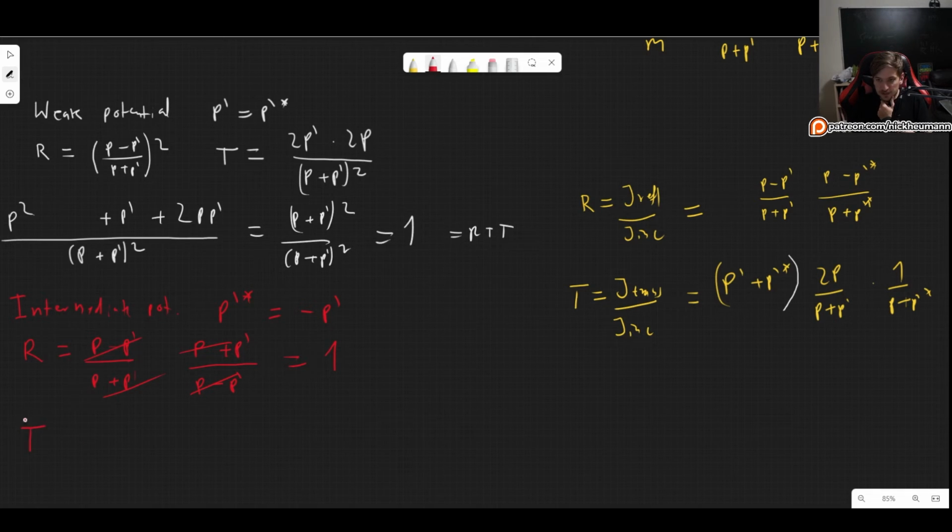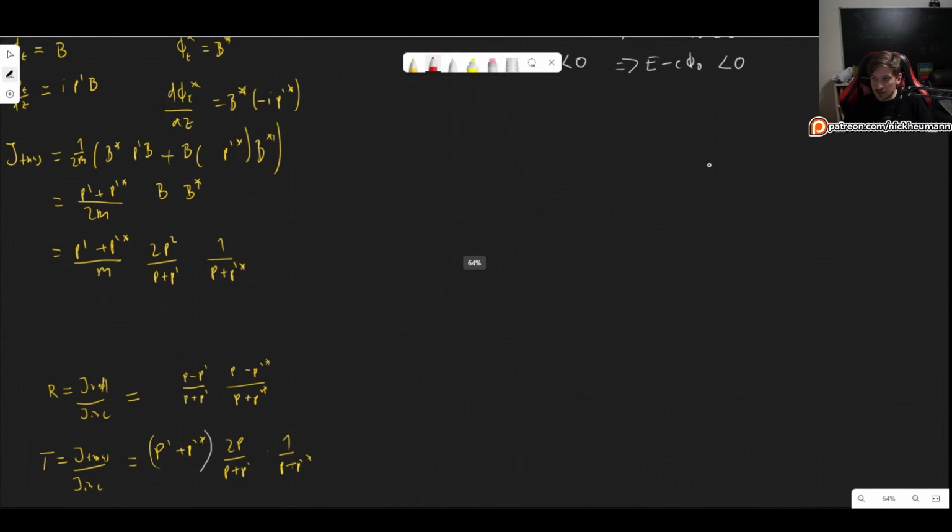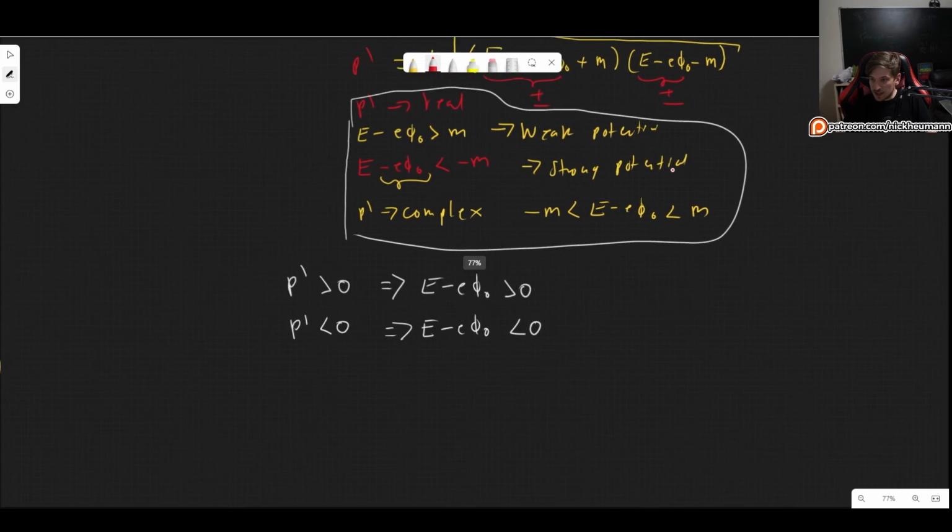Let's go now for the transmission coefficient, which is right there. In that case, we can see right away, we have p prime minus p prime times everything else, but this is already 0. So the entire thing is 0. So we can see that r plus t is indeed 1, even though in this case there is no transmission, which is quite interesting. Now, in the case of this strong potential, let's keep in mind the condition, right here.